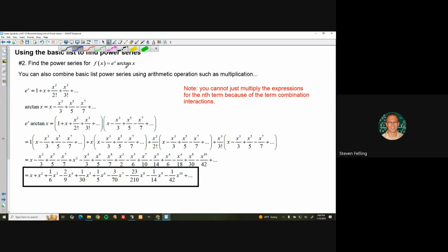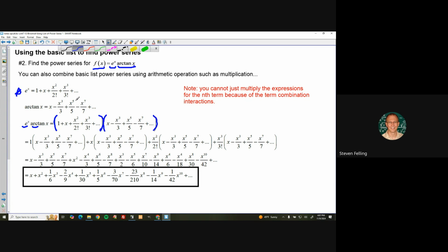If you had things that are multiplied, like your function f of x is e to the x times an arctangent of x, you could write out the standard power series for e to the x and the one for arctangent. If these are multiplied, you have to imagine you're taking an infinite number of terms here and multiplying by an infinite number of terms here.